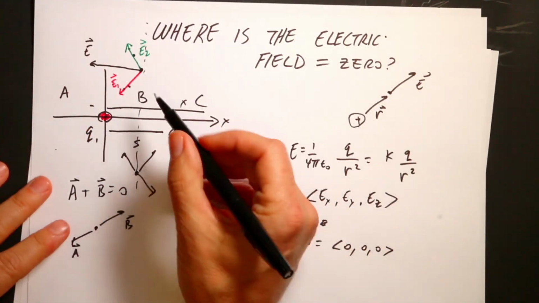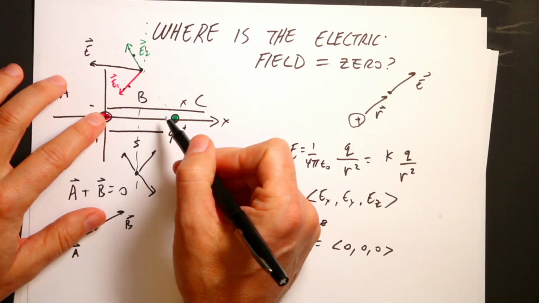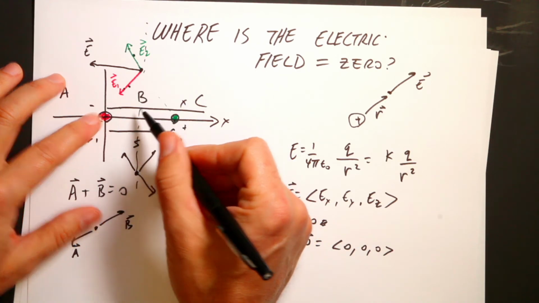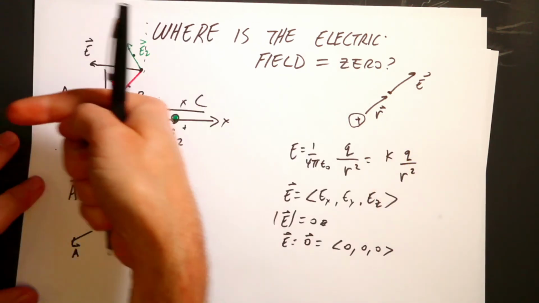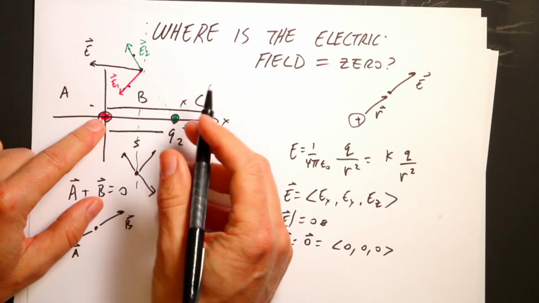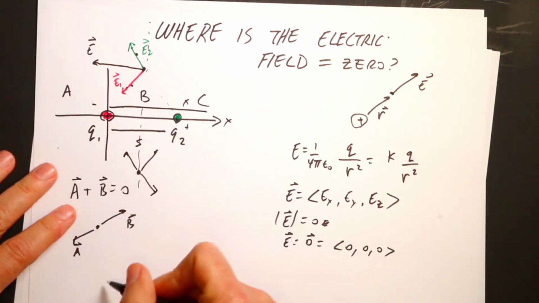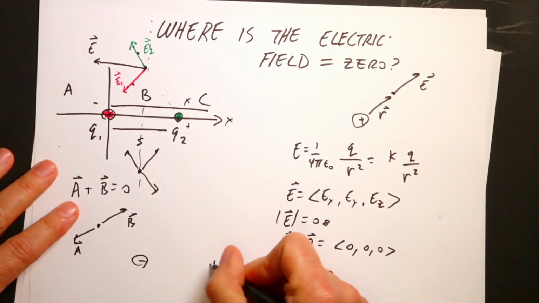Let's think about region B. In region B, what would have to happen for the electric field to be 0? Well, you have to have one electric field going that way and one going that way. So these two have to have the same charge. If they have opposite charges, if Q1 is negative, it would make an electric field going that way. So let's do that. Here's negative, positive.